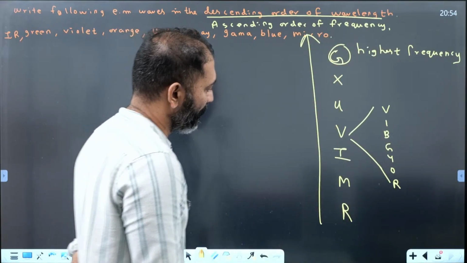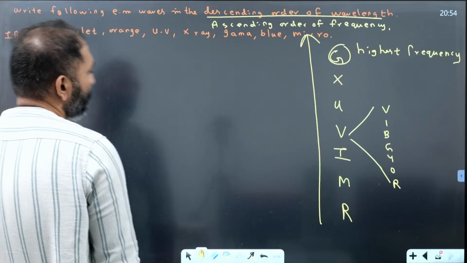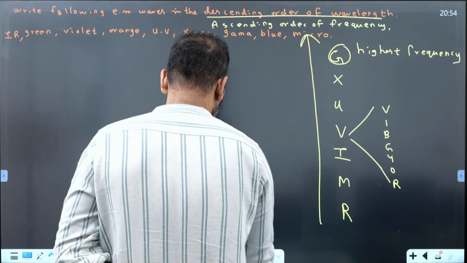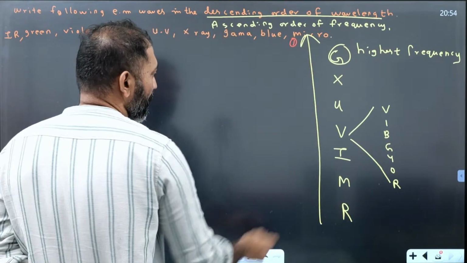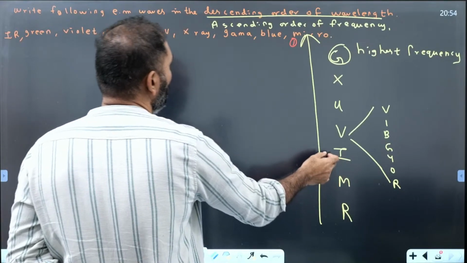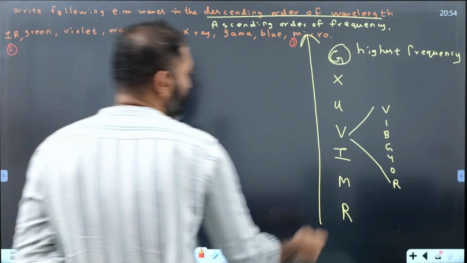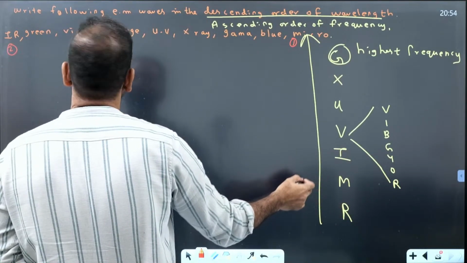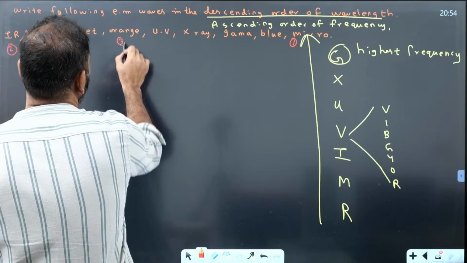bottom up. So radio wave should be the first one. Is radio wave there? No. Microwave is there? Yes. So I am giving microwave rank 1. Then infrared is there? Yes, infrared 2. Then after infrared, red is there? No. Orange is there? Yes, so orange 3.